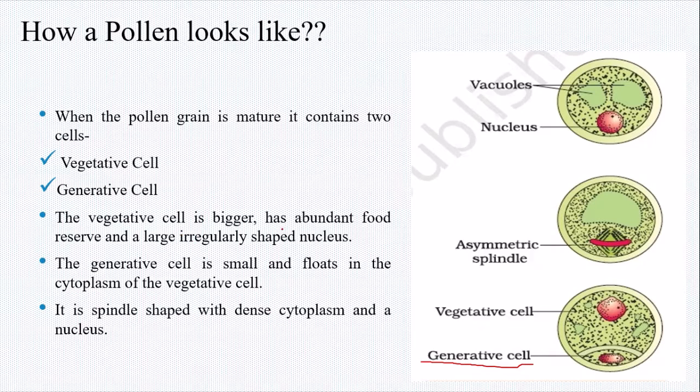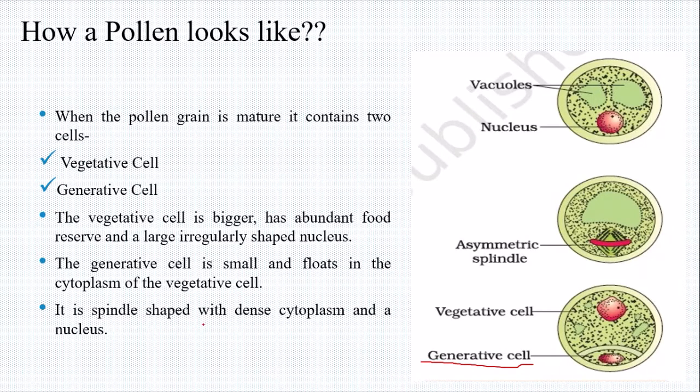The vegetative cell has abundant food reserve, provided to give to the generative cell, and it has a large nucleus. You can see the difference in the size of the nucleus of the vegetative cell and the generative cell. The nucleus of the vegetative cell is large and irregularly shaped, while the generative cell is very small and generally floats in the cytoplasm of the vegetative cell.